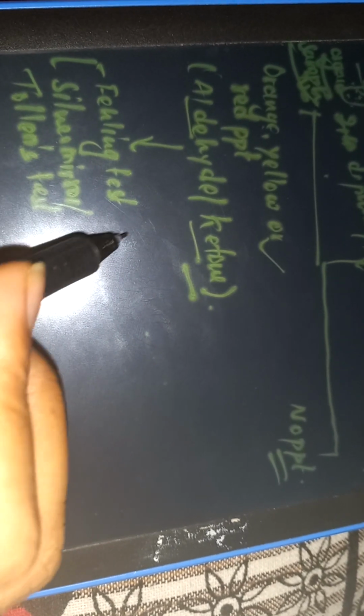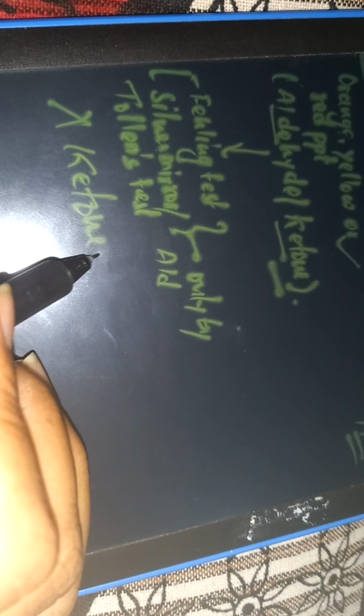For that, you have to perform the Fehling's test and the silver mirror test, also known as the Tollens test. The Tollens test is given only by aldehyde, not ketone. Ketone does not give this reaction.